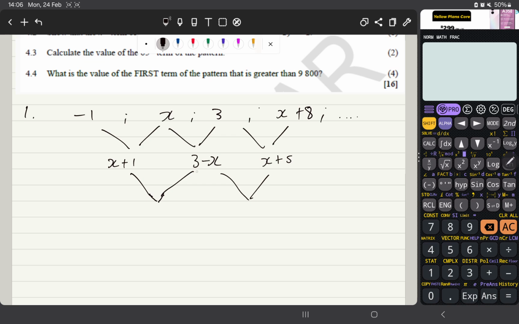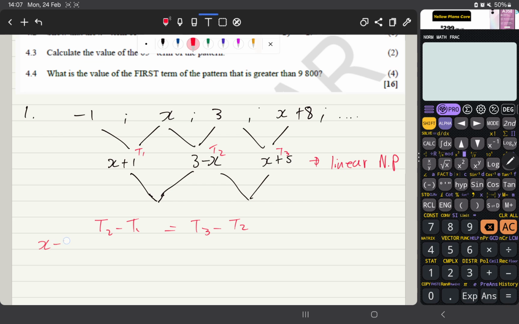So yeah, okay, cool. You guys know that this is a linear number pattern, so I'll just say this is term 1, term 2, and term 3. From this I'll say t2 minus t1 must be equal to t3 minus t2, and I do just that.